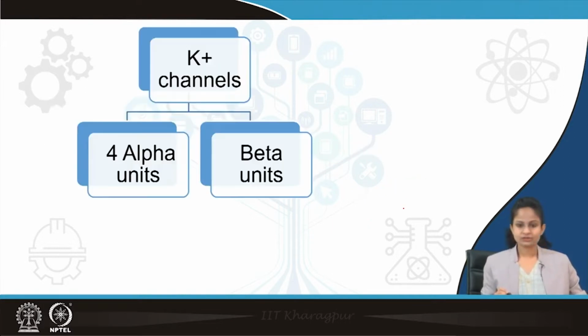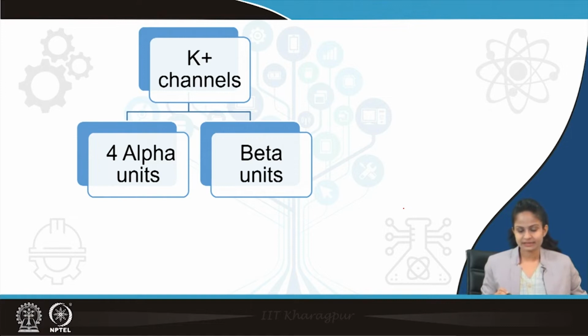If we go through the structure of the potassium channels, mainly it consists of 4 alpha subunits and beta subunits. Now alpha subunits, as we had seen in the sodium channels, are the main functional part of the channels because they constitute the pore.